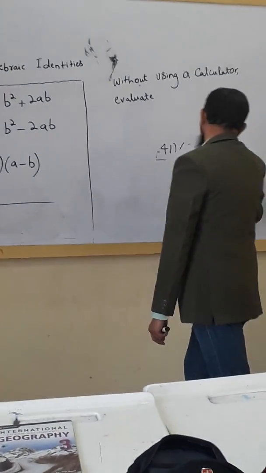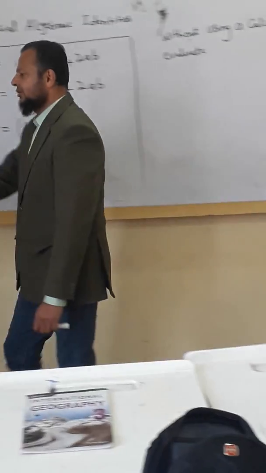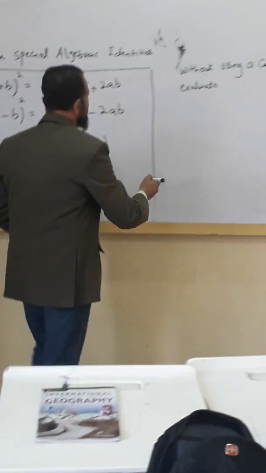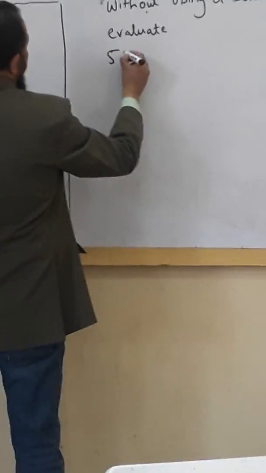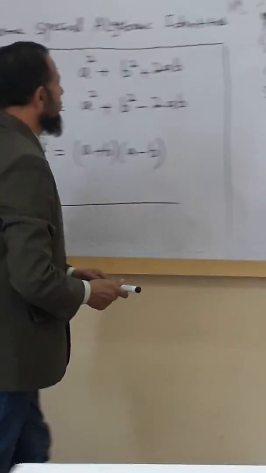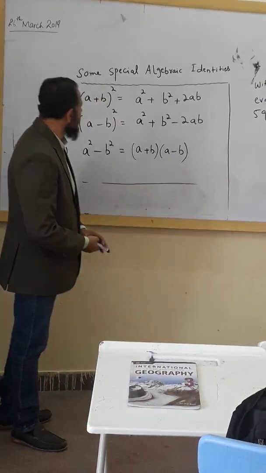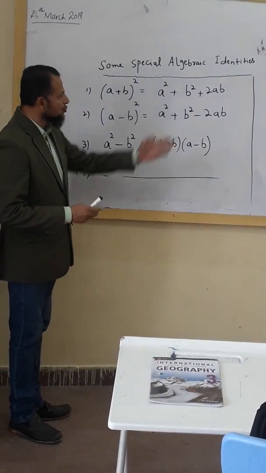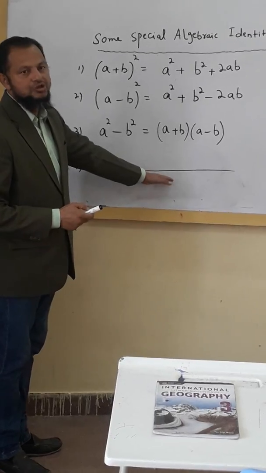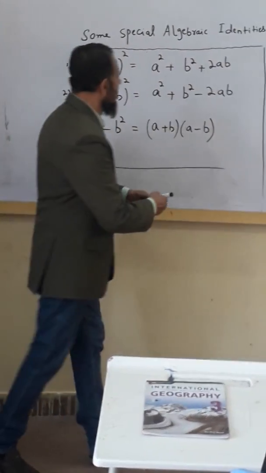Okay, so here we go. Now our original question is 59 power 2 minus 41 power 2. Let me think which one I can easily apply to get the same solution, which was 1800.